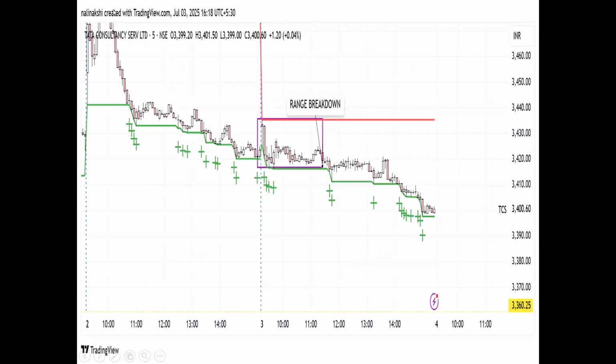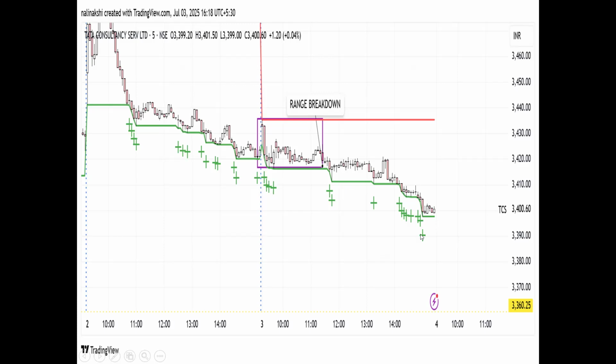In this example of TCS, the range was broken after 2 hours. Till then, it was within the range and the day high. It was not able to go above. It traded within this range and finally it broke below after 11, 11:30 a.m. You can see the range breakdown and the market moved down.